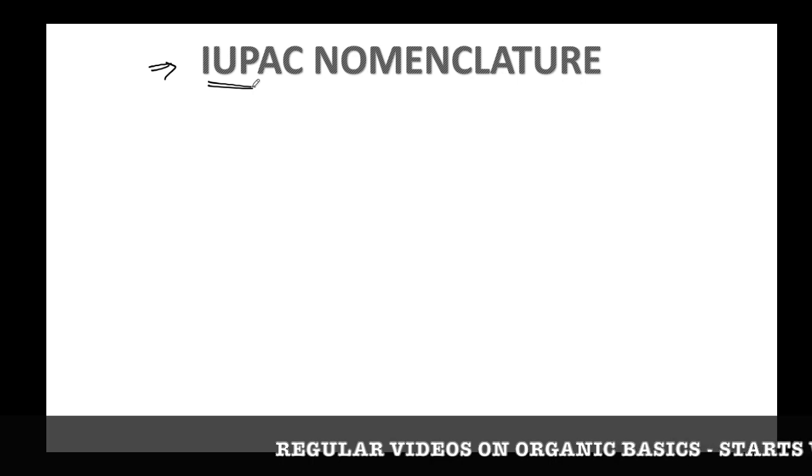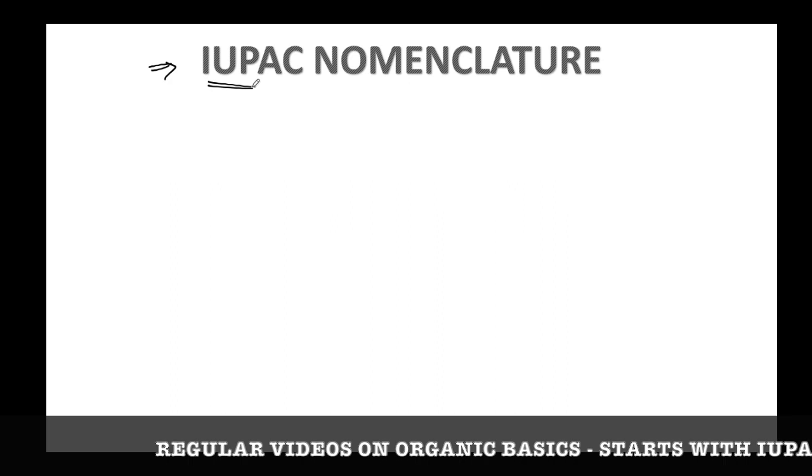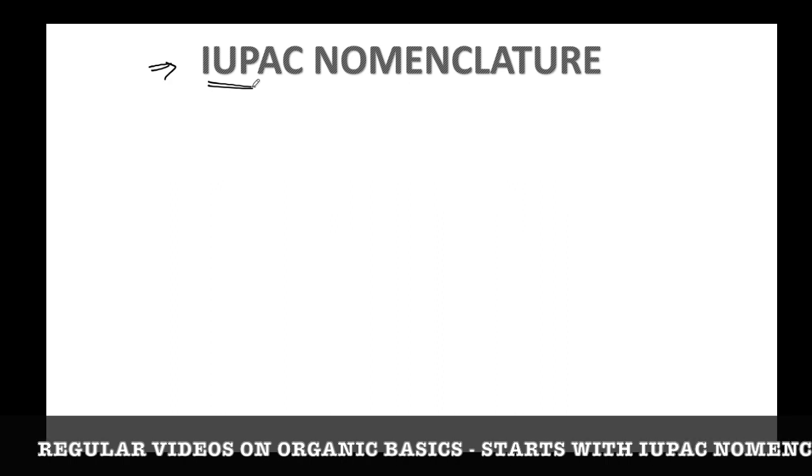So we are going to discuss IUPAC nomenclature, and we'll only see the easiest things, only what is required. We are not going to study extra. And there will be other topics following this, the other topics of general organic chemistry. We are going to discuss all of it.